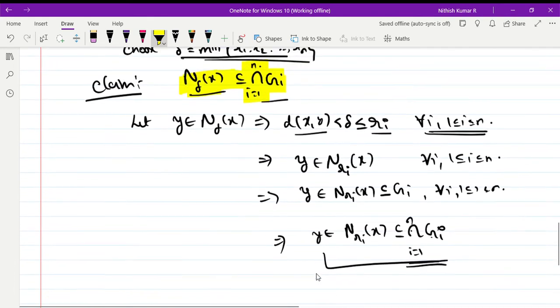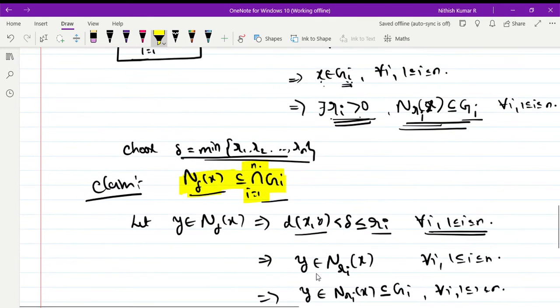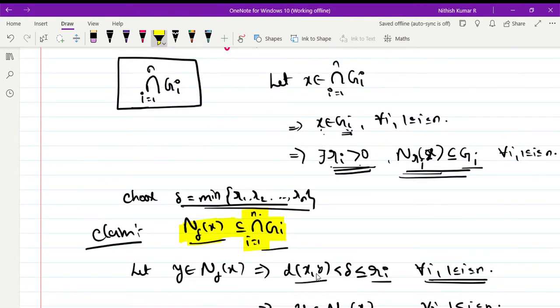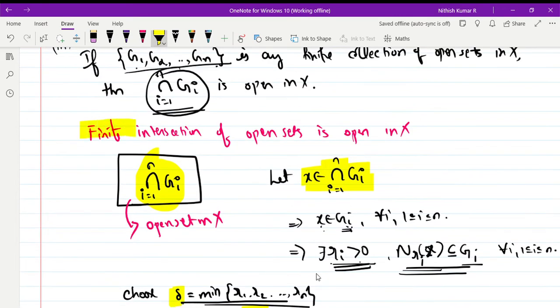Now this leads to the fact that for an arbitrary element in the intersection, there exists a neighborhood N_delta of x contained in the intersection. Therefore every point of the set is an interior point. Hence this set is an open set in X. Thus we proved that a finite intersection of open sets is open in X.